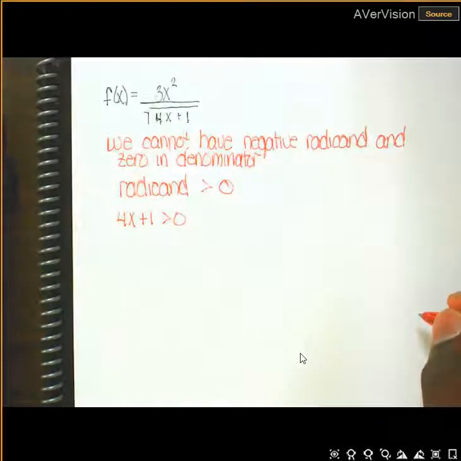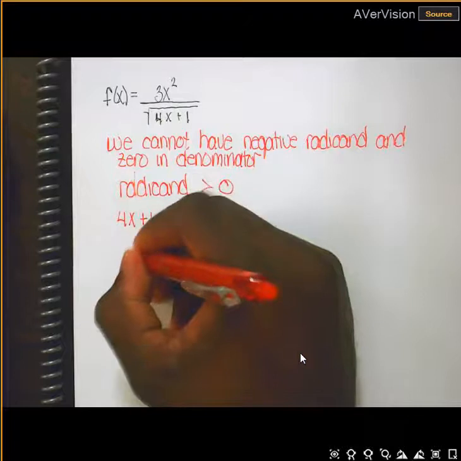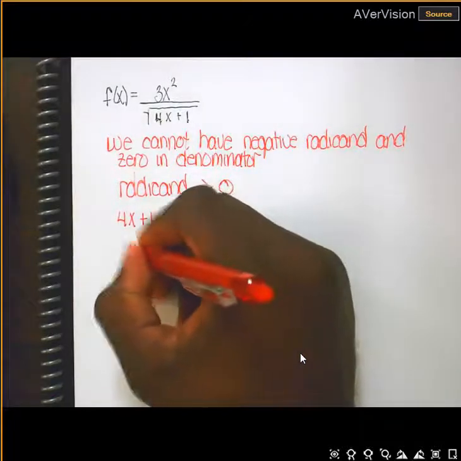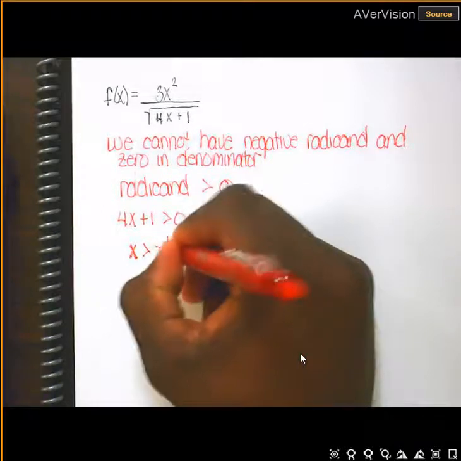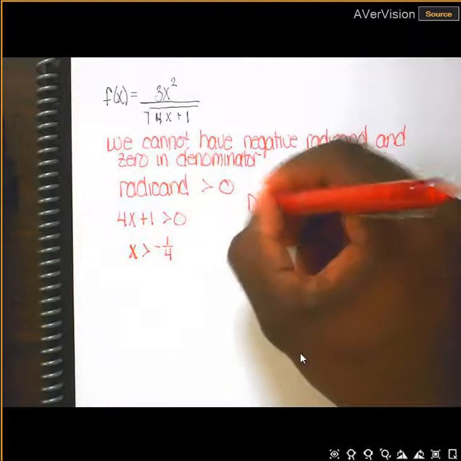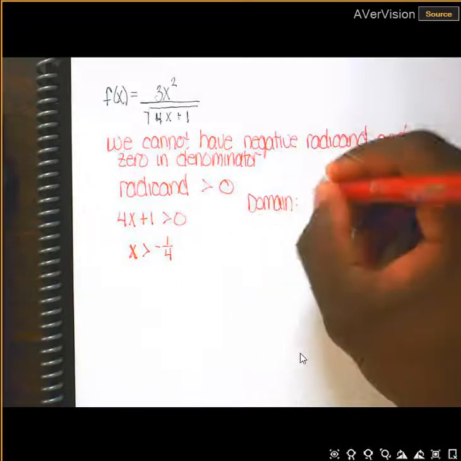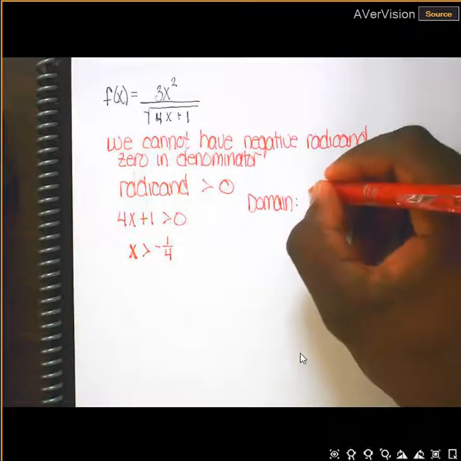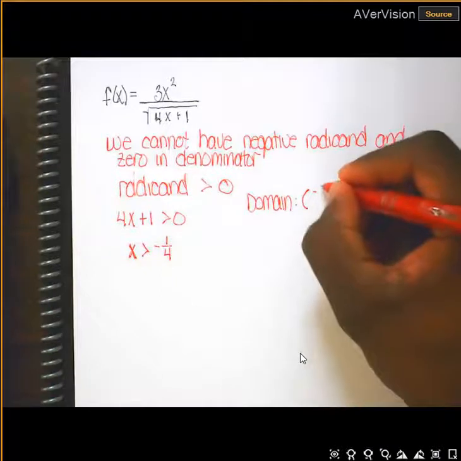All right. And what do we get when we solve this? So x is greater than negative 1/4, and this one's in parentheses because it's not equal.